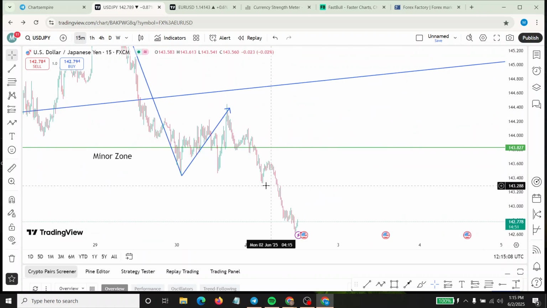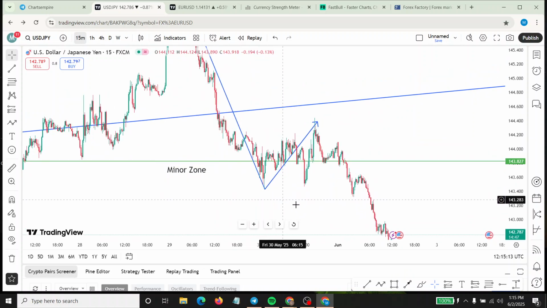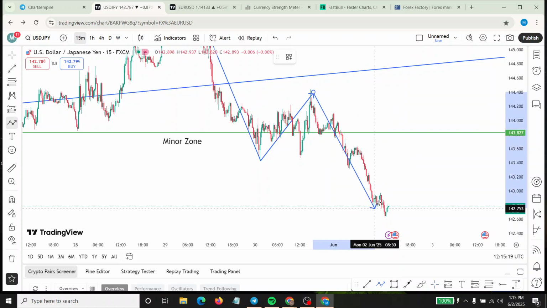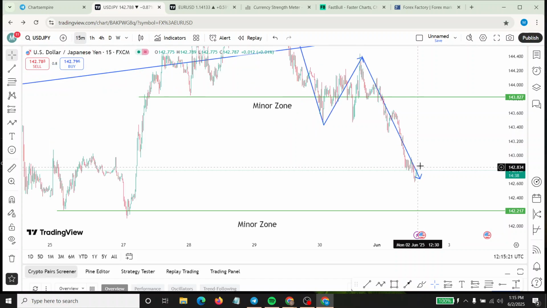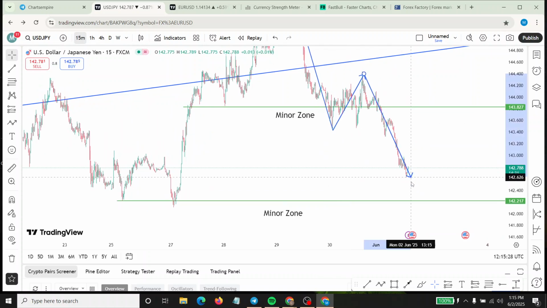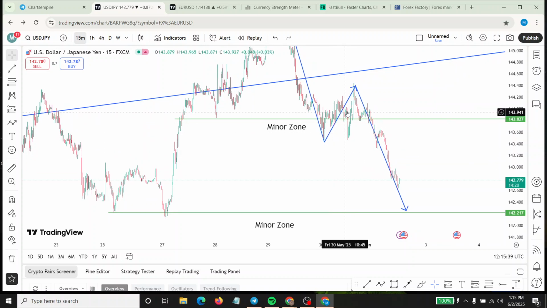In the last class I told you that when this minor support was broken, we had a breakout here and we were expecting the market to give us a pullback to continue its downward direction, and you can see it is currently doing that. With this breakout we've just experienced, we expect the market to come here, after this support has been broken out.